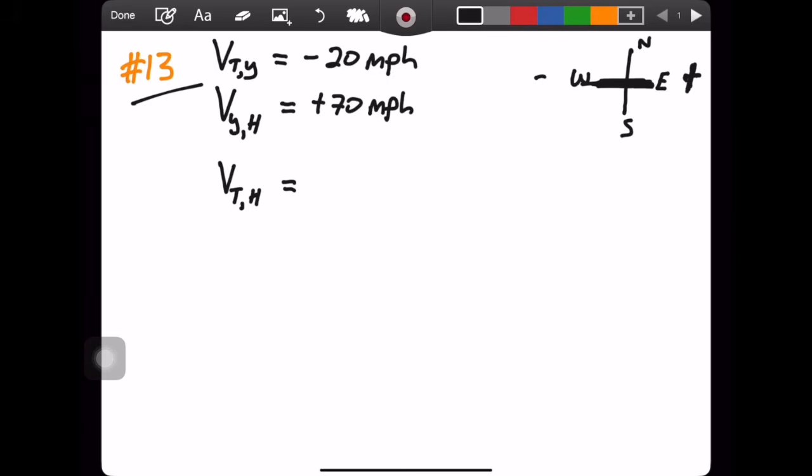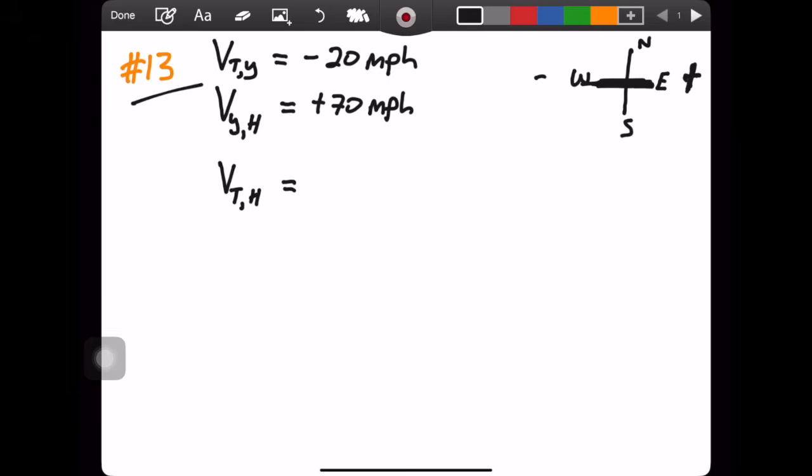Again, it's actually going eastbound, but relative to us, it feels like it's coming towards us because we're gaining on it. We think we're stationary and we think it's coming towards us. Now, that's not what the highway thinks the truck is doing. And the problem asks us to say, what is the velocity of the truck with respect to the highway?